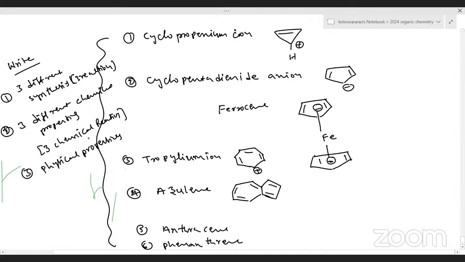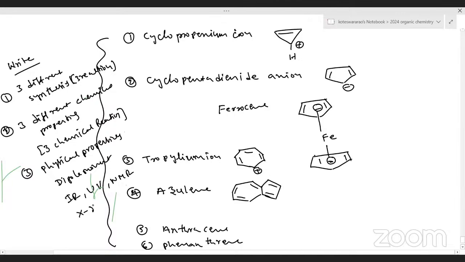In the physical properties, dipole moment, IR, UV, NMR, and X-ray crystallography studies are explained. Using IR, UV, NMR, and X-ray studies, the molecular features can be explained.